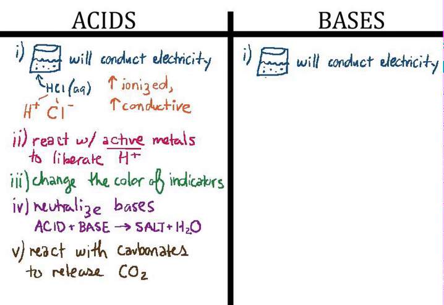Another thing that acids and bases have in common, as it turns out, and bear with me here. So the second thing that they both have in common is that they both will change the color of an indicator.